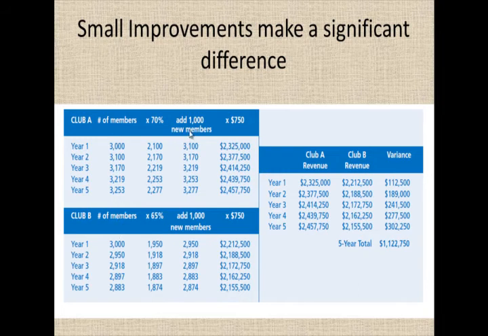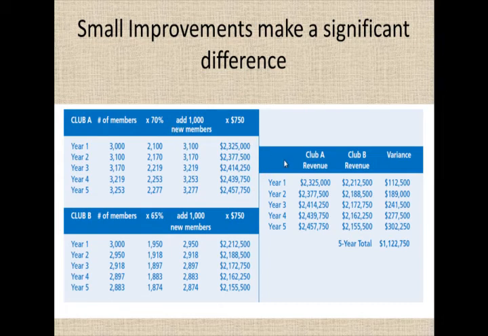They both have the same number of new members per year, and they've got the same membership pricing structure. The only difference is a difference in membership retention rates. Club B is running at 65%, which is a very good retention rate. But Club A is running at 70%, which is excellent.